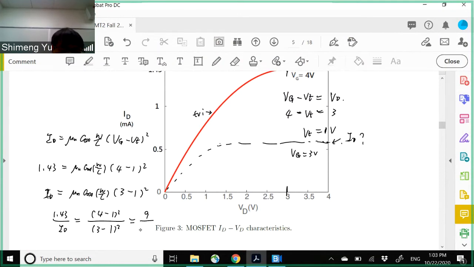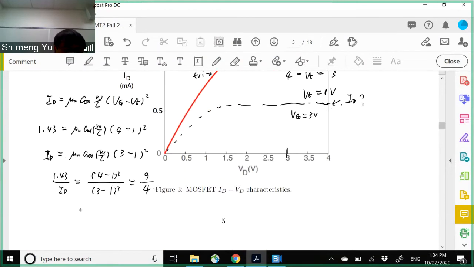And this is 2, 2 squared is 4. So you see the ratio. So the ID will be, just move it crossover, 1.43 times 4 over 9, and you get the number.